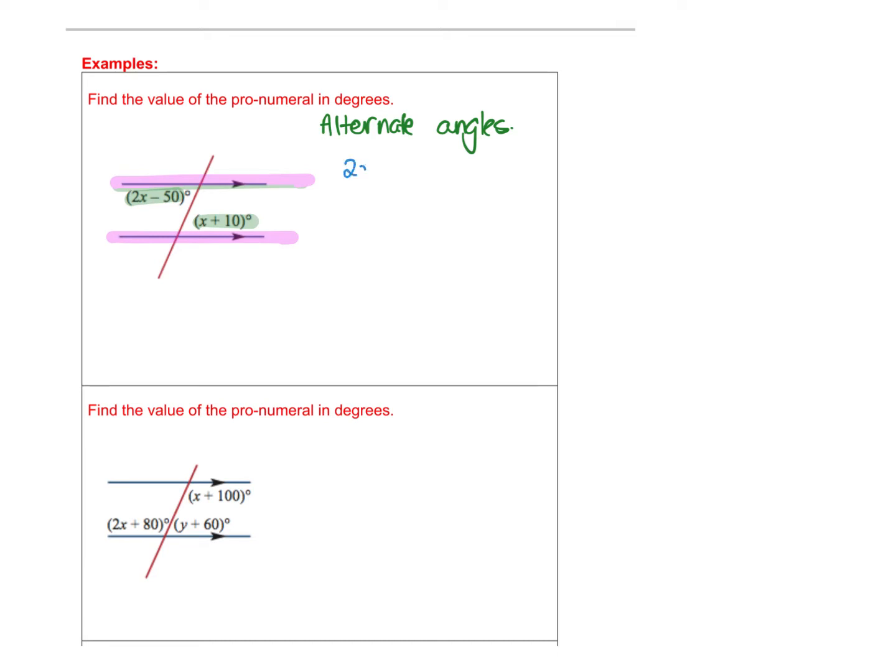So that means I can write 2x minus 50 must equal x plus 10. When you have an equation like that, with an equal sign and just an x, you can always just use solve. Some of you may be able to solve it algebraically, that's okay, but you don't need to, just use your solve if you're not confident. So this one would end up being x equals 60 degrees, okay?